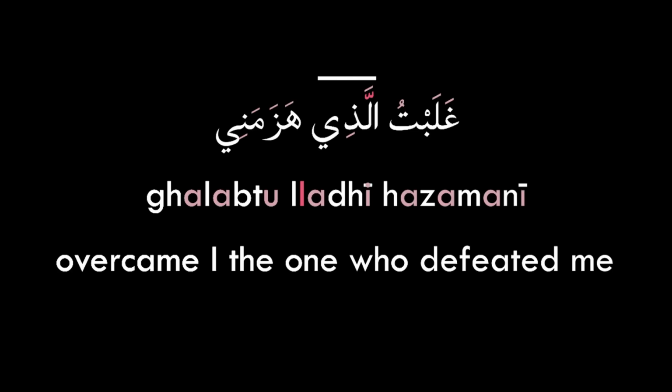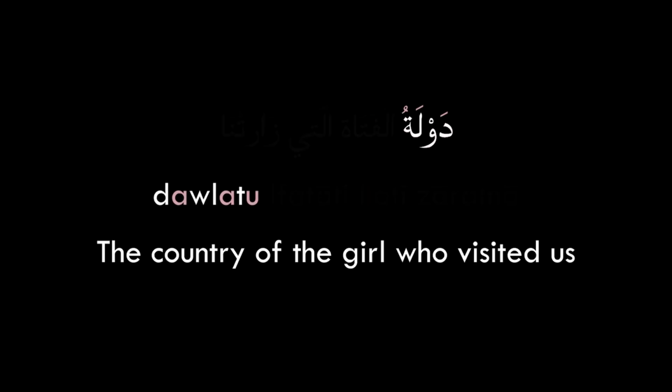This الذي is the relative pronoun that relates the first part and the second part of the sentence, and it is here for singular masculine. Another example is the country of the girl who visited us. In Arabic it is دولة الفتاة التي زارتنا. So, دولة is country. الفتاة is the girl. التي is who. زار is a verb in the past tense, which means he visited.